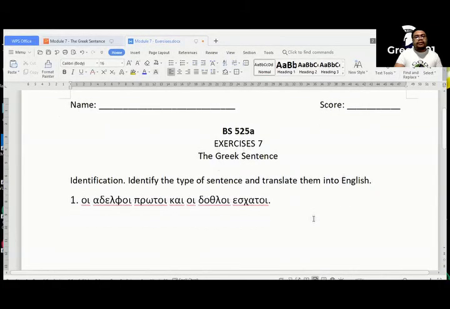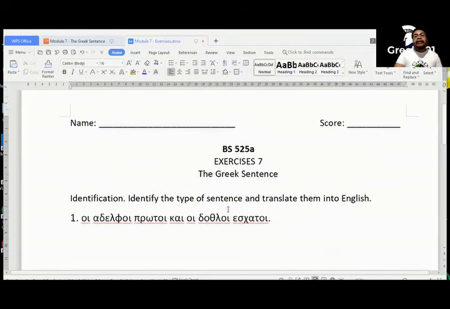So I hope that you have learned a lot today and be able to apply it as you go along in translating the text. And of course, let me show you also we have here an assignment that I would like to share, and that you can download in our application, the Canvas application. There are some sentences that you need to identify the type of sentence.